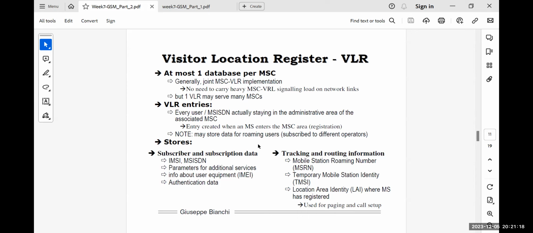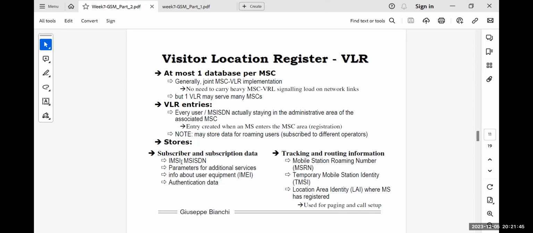Note that it may store data for roaming users as well, for example subscribers of different operators. If I go out of my country and subscribe to different roaming services, then the roaming user data in that MSC would also be there in that VLR.